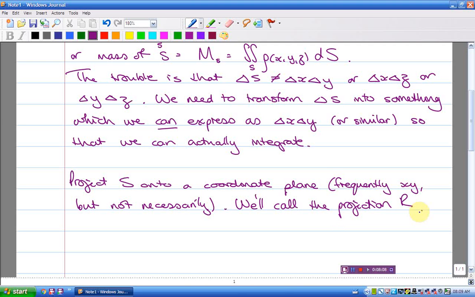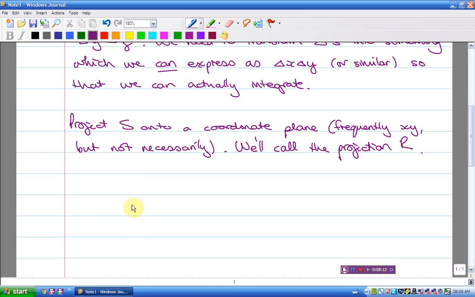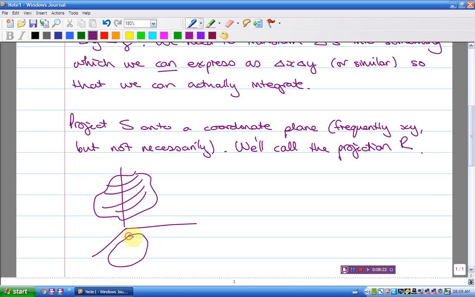Okay, so a picture, I'm going to draw a picture. Let's say we have some curvy surface in space, and when I project it down onto the xy plane, I get my projection. So this is my S, and this is my R down on the xy plane.